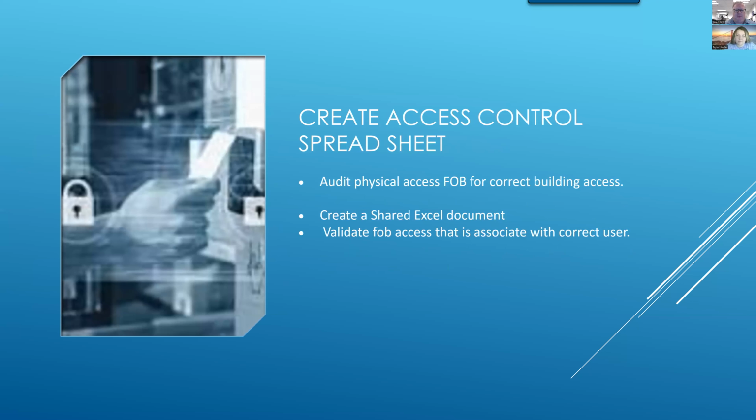The next one I worked on was to create an access control spreadsheet. I audited physical access for their key fobs for the athletes and the coaches and US Speed Skating staff to verify that they had the right access to the building that they are in.